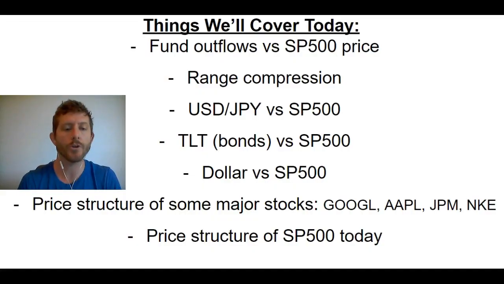So now what I want to do is cover the charts and the price structure of some of the major stocks. I'm going to go with Google, Apple, JPMorgan, and Nike. And I'm covering these stocks because you're getting a good mix of tech, banks, and consumer goods. iPhones, and Nike is, I think, the biggest apparel company out there.